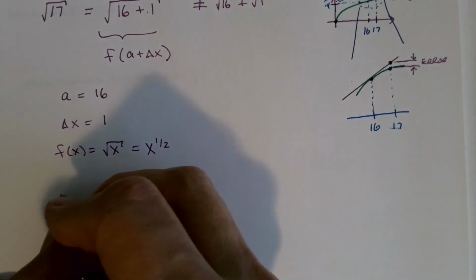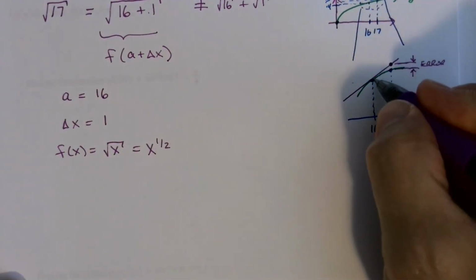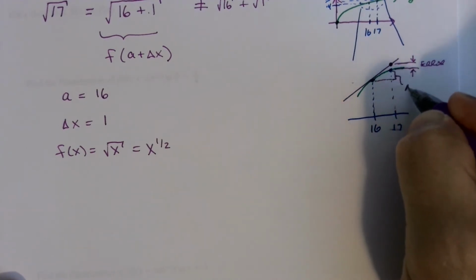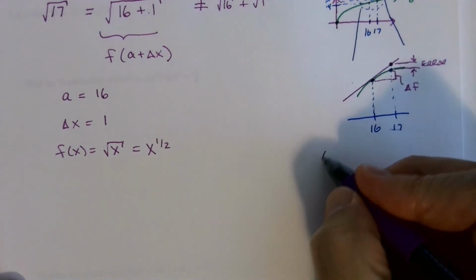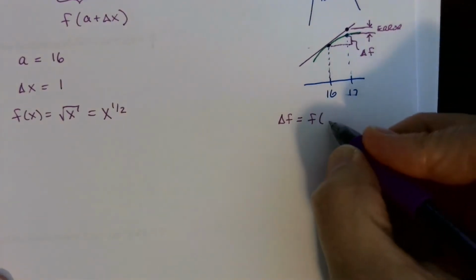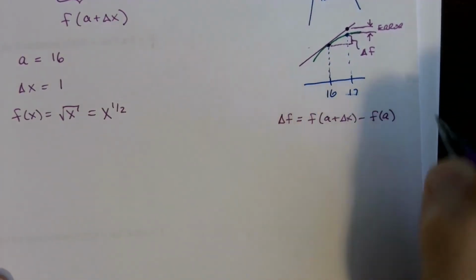So we've got our change in f. As I move from this point to this point, this right here is the change in the function f. And the change in f is, remember, f of a plus delta x minus f of a.